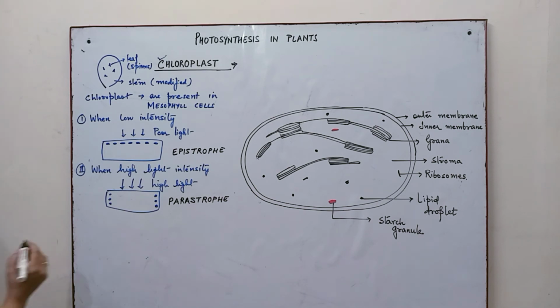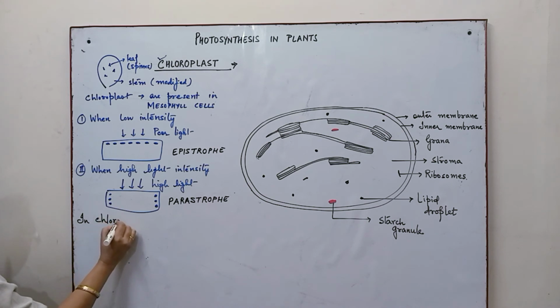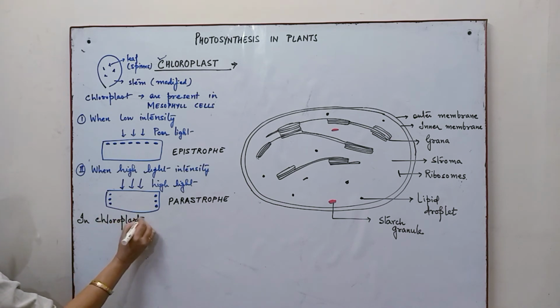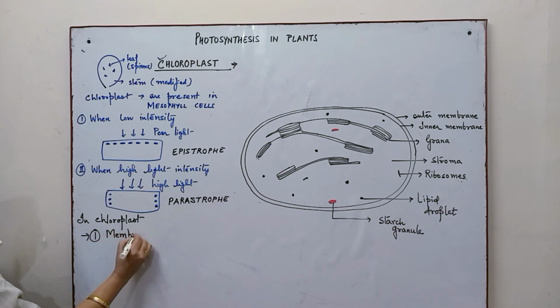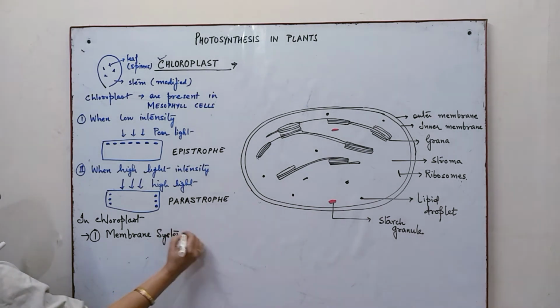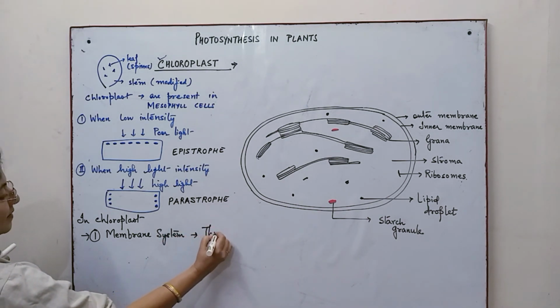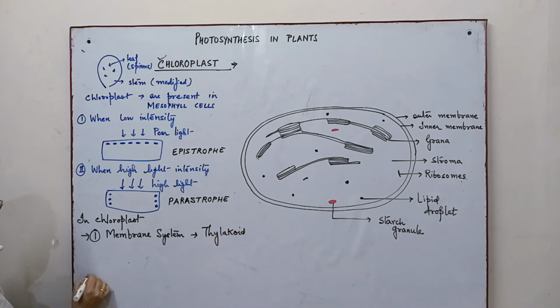Now, when we study a chloroplast, there are two different zones, that is the membrane system or the system of thylakoids, and the second system, that is the stroma. Now, the membrane system performs two things.